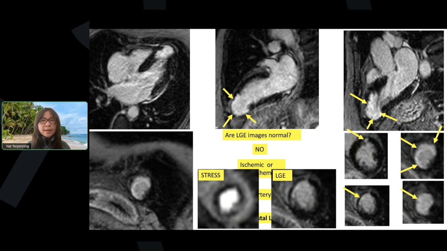This is an example of infarct with peri-infarct ischemia, because the extension of this perfusion defect is way more than the infarction here. So actually this area that you see here is inducible ischemia. It's not normal. Part of it, yes, has infarction, and part of it, I think, is infarct with ischemia. So there are two things going on here, not just the usual infarct.